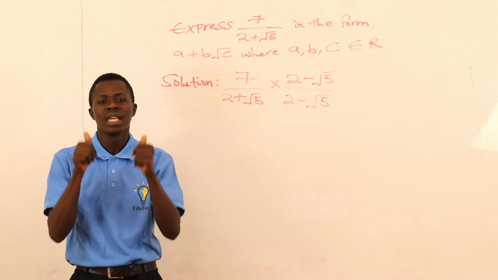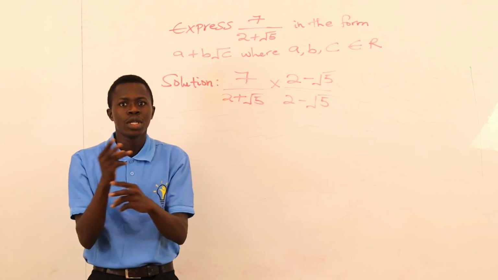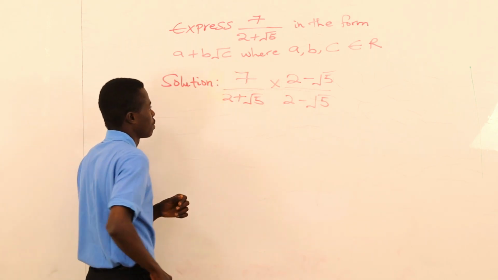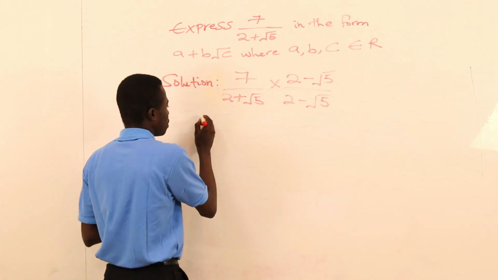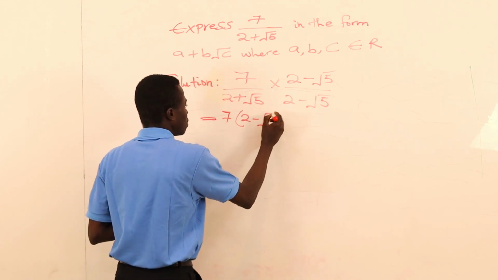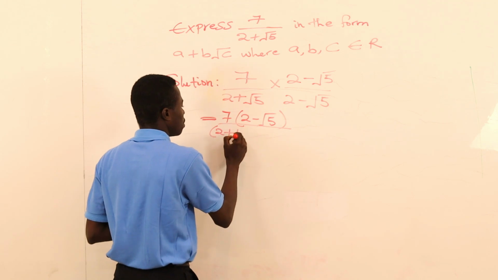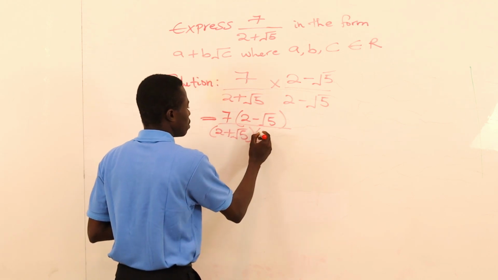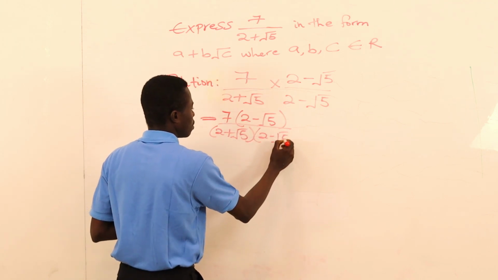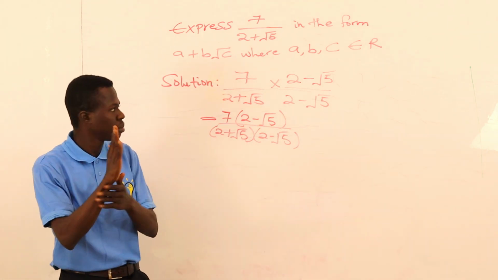That is what we have on the board: 2 minus square root of 5, multiplying both the numerator and the denominator. So what do we do next? We multiply. We are going to have 7 multiplying 2 minus square root of 5, divided by the expression 2 plus square root of 5 multiplying the expression 2 minus square root of 5.